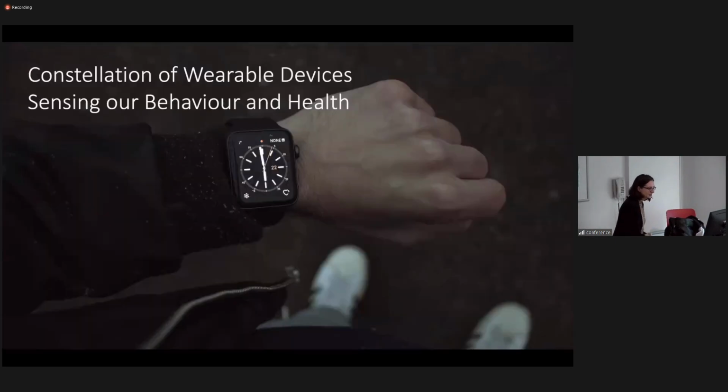So we have seen that the world is now full of these devices we wear, and they're sensing our behavior through new sensors, and they're sensing also our health. One might think that us as academics, I'm talking mainly to academic researchers in the room, that the research in applying these devices and using them for health has been solved, and that we should pack up and move to different topics.